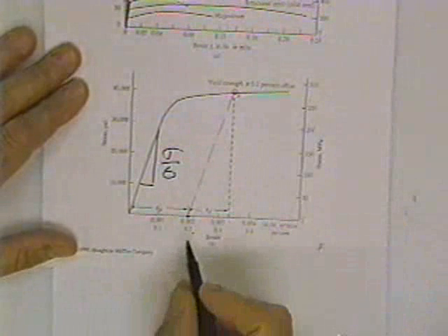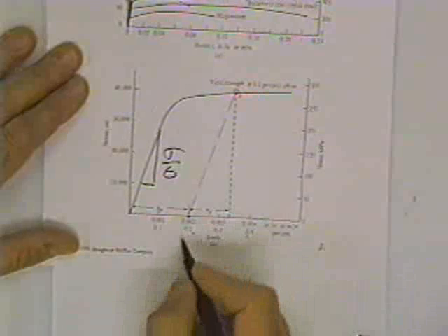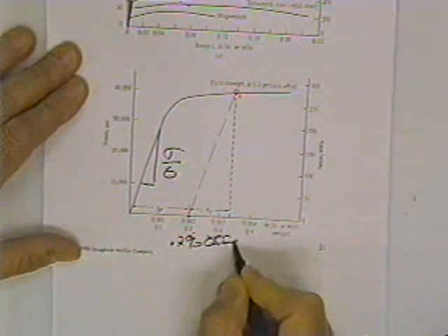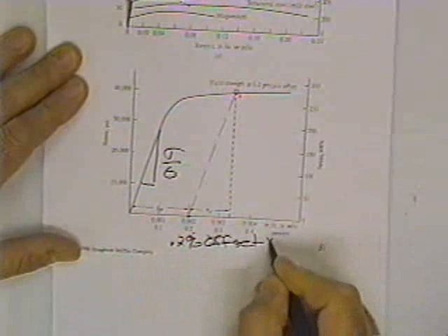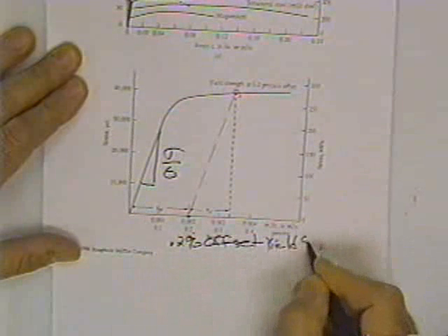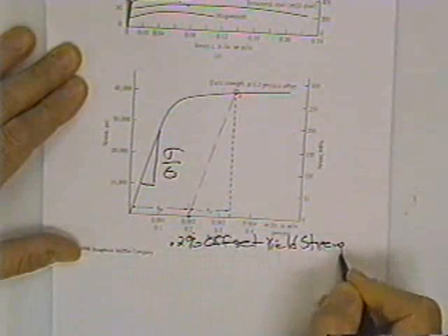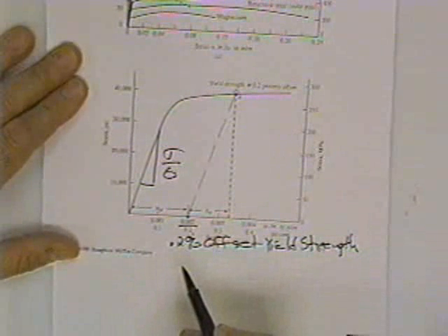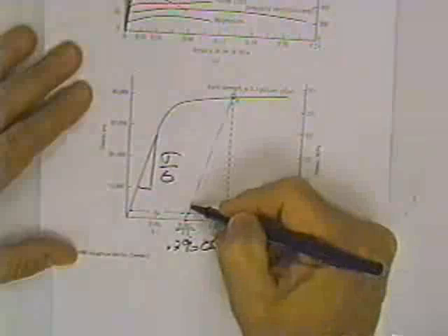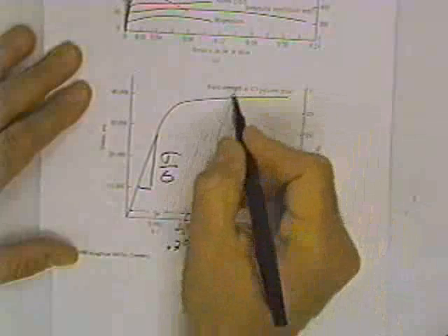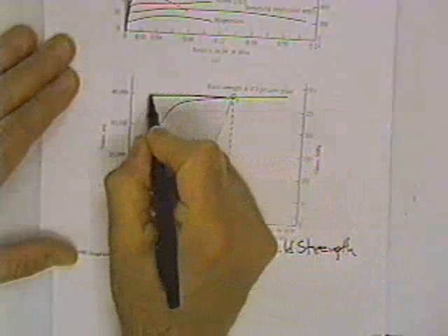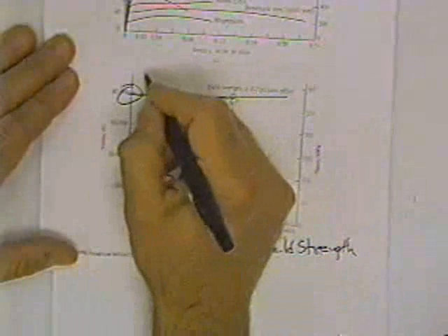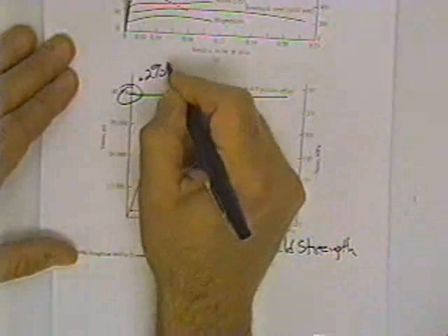So what engineers have done is to find a 0.2% offset yield strength, and you come 0.002 strain units, draw a line parallel to the modulus, and where that intersects the yield locus, that's going to be your 0.2% yield stress.